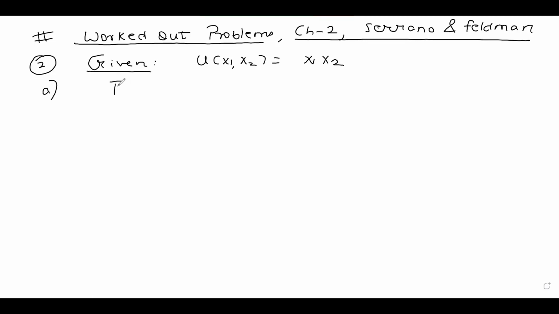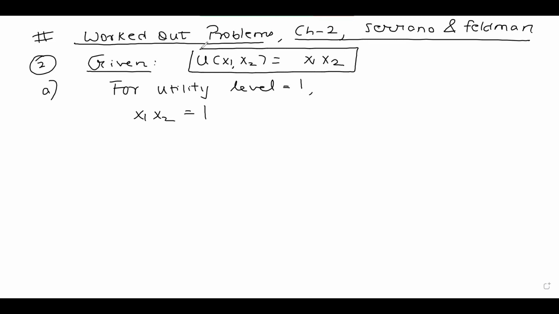So for utility level equal to 1, I have x1 times x2 equal to 1, because my utility function is x1 times x2. Now, how can I plot it? I can take points. When x1 is 1, x2 is also 1.